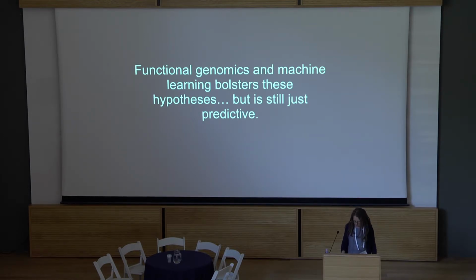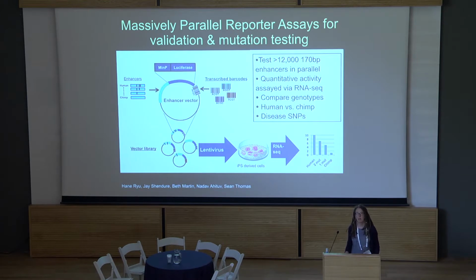So one of the technologies is called a massively parallel reporter assay. It's a molecular experiment that has at its base this same construct, these same vectors that are used to make those mice that stain blue in the tissue where the enhancer is active. But the key here is that we've figured out a way to do this in high throughput so that we can screen not just a handful of HARs, but many of them.